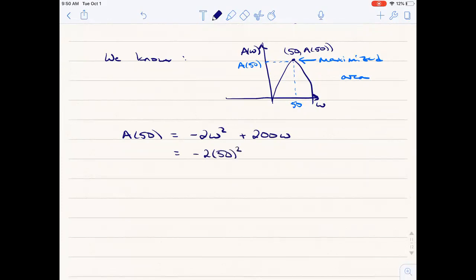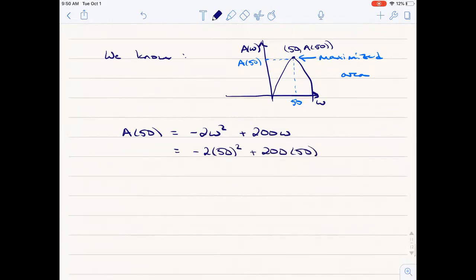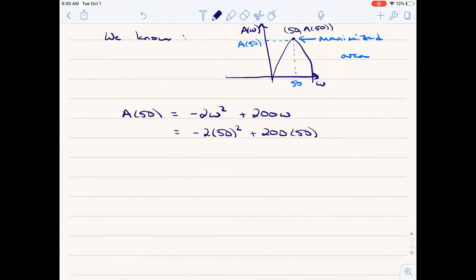Negative 2 times 50 squared plus 200 times 50. 50 squared times 2 is 5,000, so negative 5,000. Wait, that doesn't make sense.